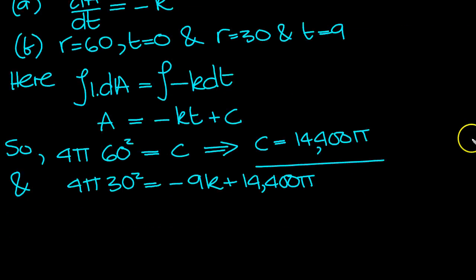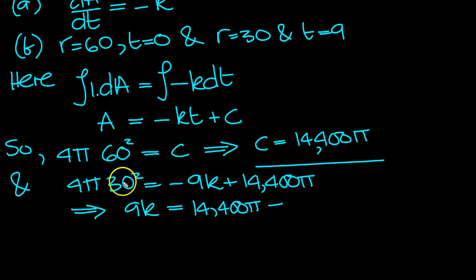So that tells us what k is then. 9k will equal, move that over there, leave this as is, minus 900, 30 squared times 4 is 3,600 lots of π, and we've moved that over, so we flip the sign to a minus.